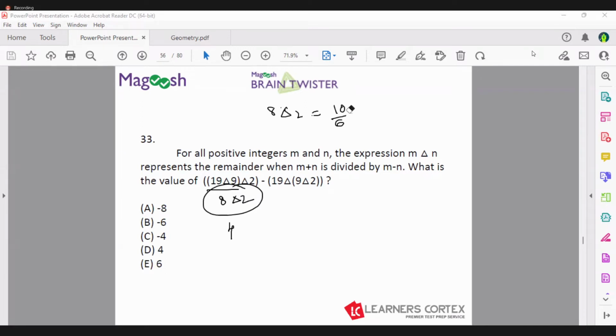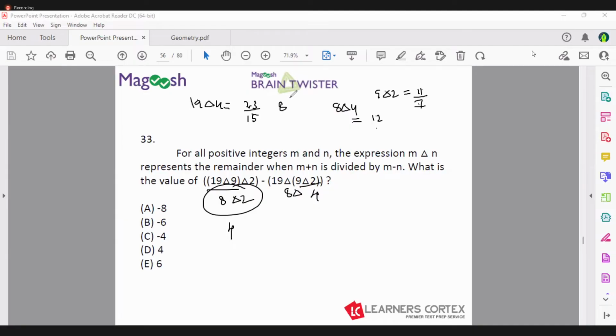Now, 9 triangle 2 is 11 over 7, where 4 is the remainder, and 19 triangle 4 is 23 over 15, where 8 is the remainder. So 8 triangle 4. Now 8 triangle 4 is 12 over 4. Wait a second. I think there has been a problem.